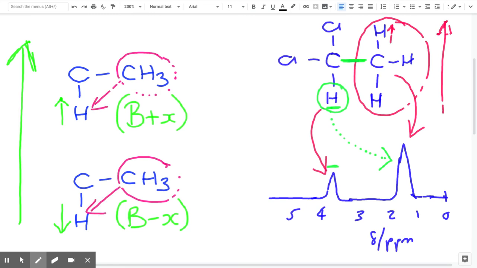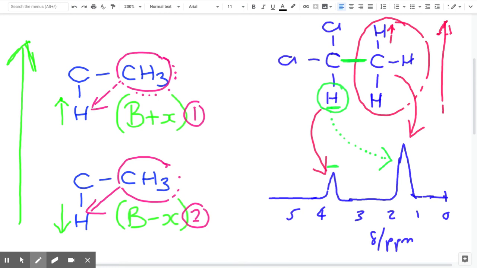Actually, the CH3 peak now gets to observe one possible magnetic field peak, and it now gets to observe a second possible magnetic field peak.